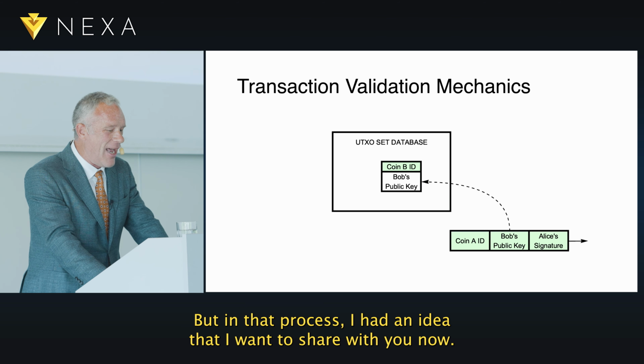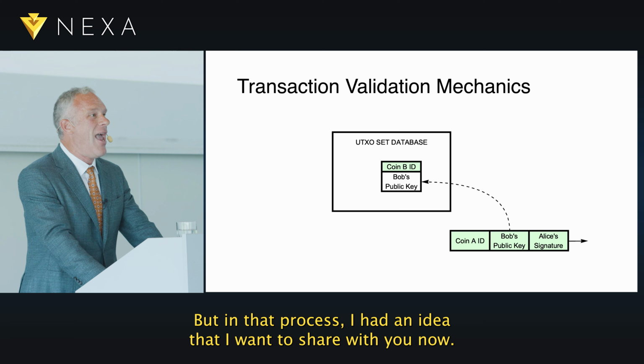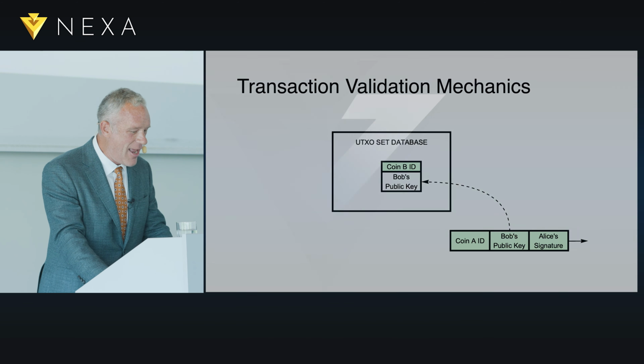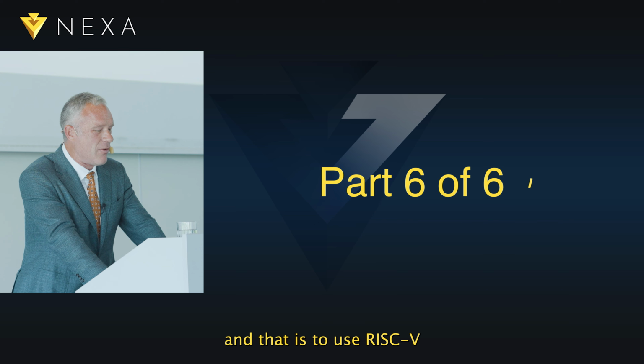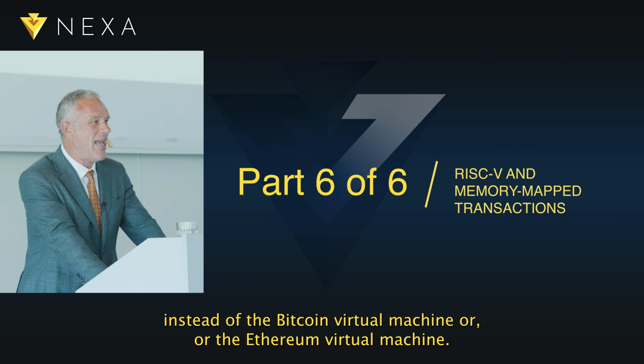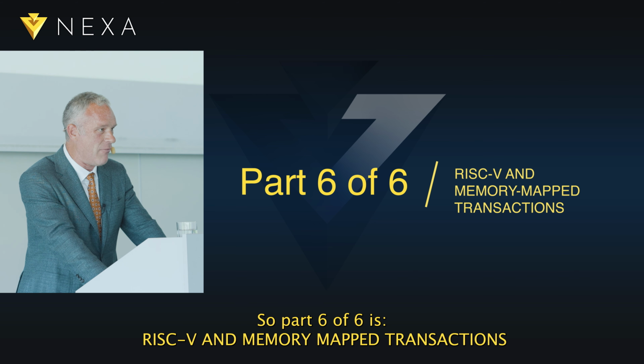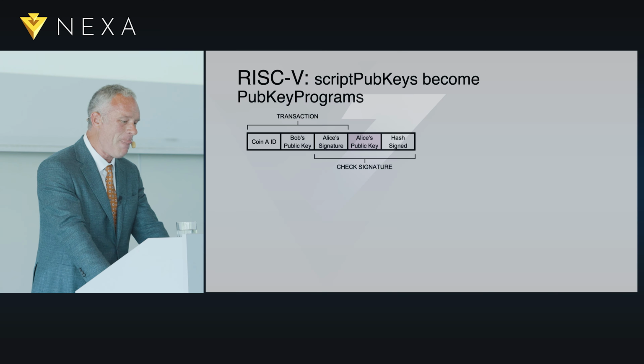But in that process, I had an idea that I want to share with you now. And Vitalik Buterin, it seems like he had the same idea in parallel. And that is to use RISC-V instead of the Bitcoin virtual machine or the Ethereum virtual machine. So part 6 of 6 is RISC-V and memory mapped transactions.